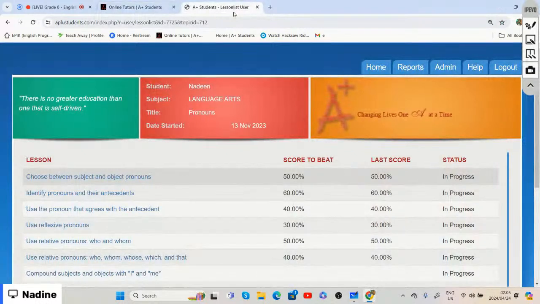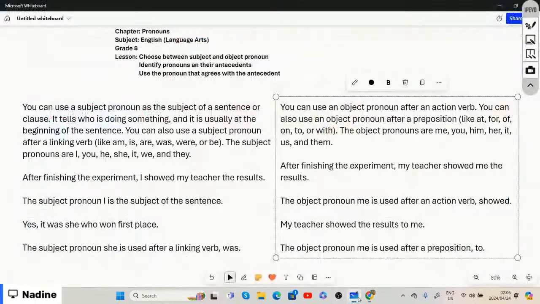There is quite a list of lessons under pronouns, but we are not going to be doing everything today. All right, so we see that our chapter is pronouns, our subject is English language arts, grade 8.